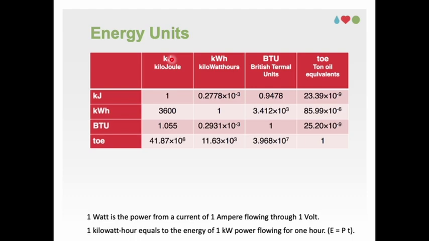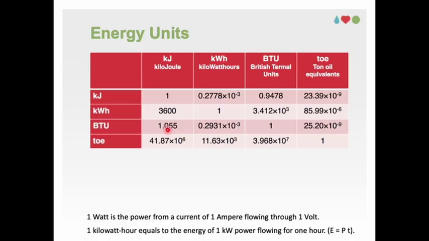And in heating and cooling, specifically in the United States, we often encounter the BTU. 1 BTU is about 1.06 kilojoules, roughly the energy needed to warm 1 pound of water by 1 degree Fahrenheit.